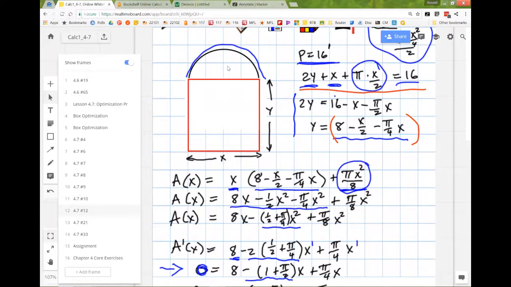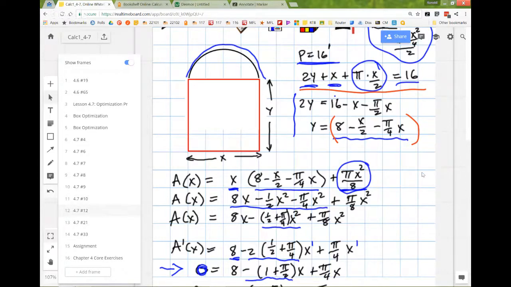Area of a circle, pi times r squared. But I only have half a circle, so it's 1/2 pi r squared. So the radius is what? X over 2. No, x over 2 squared.